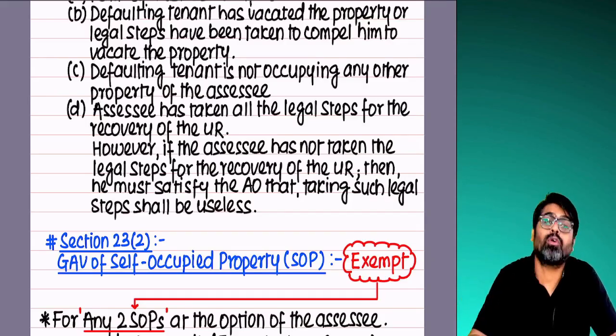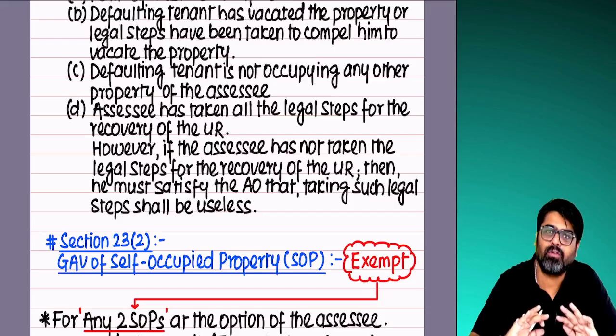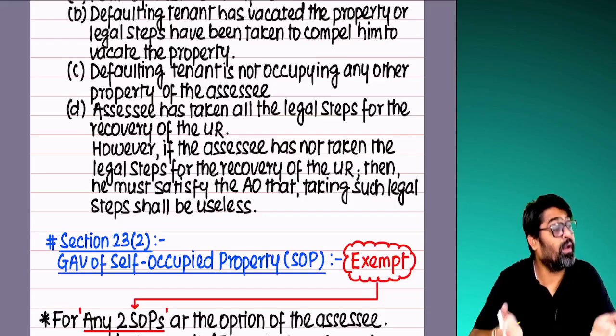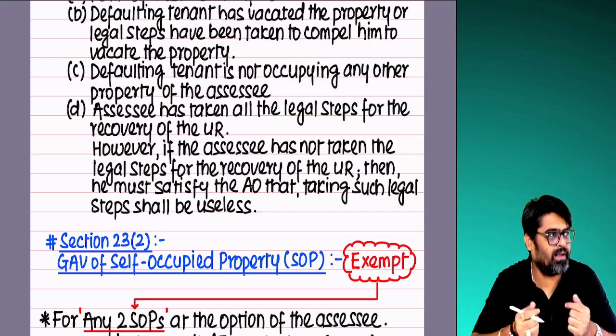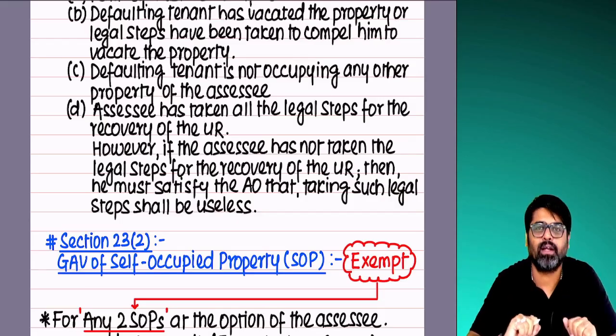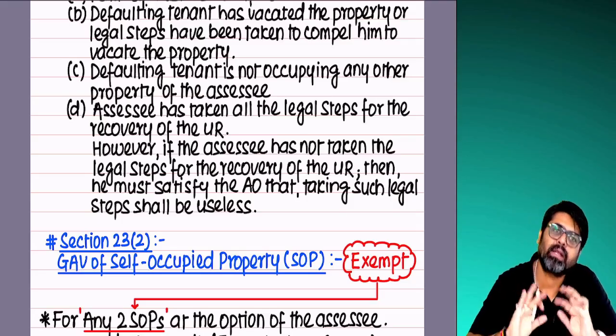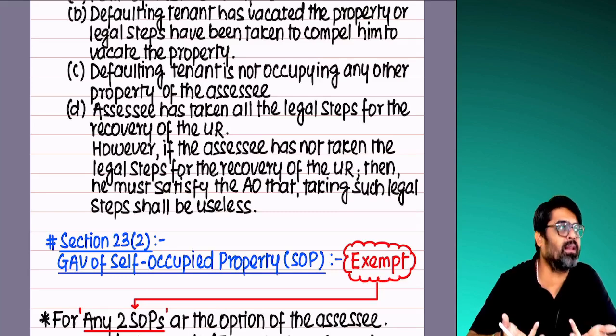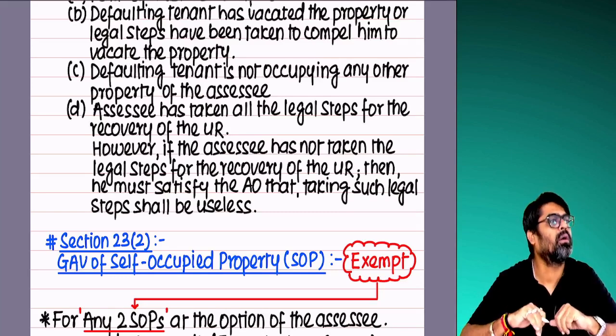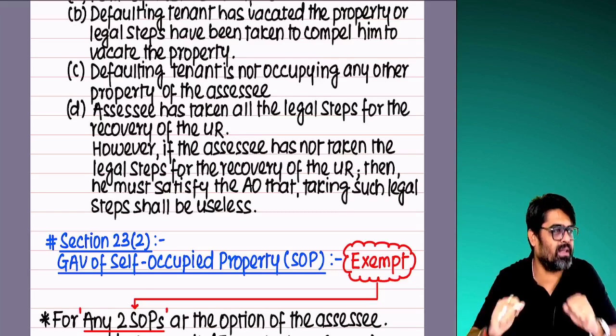No. So sometimes you cannot take legal steps. In that case, satisfy your assessing officer that even if the legal steps are taken, they are not going to be fruitful. Even after taking the legal steps, I will not be able to recover the unrealized rent.